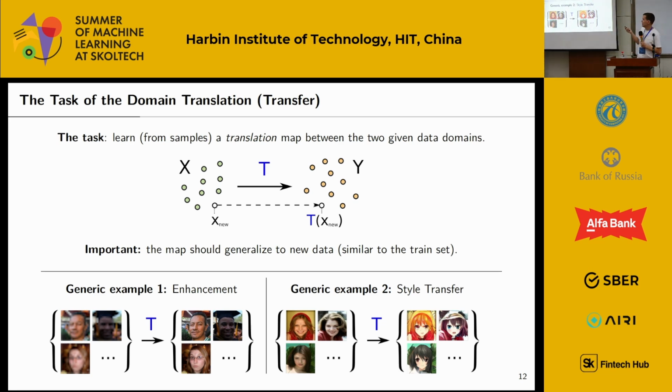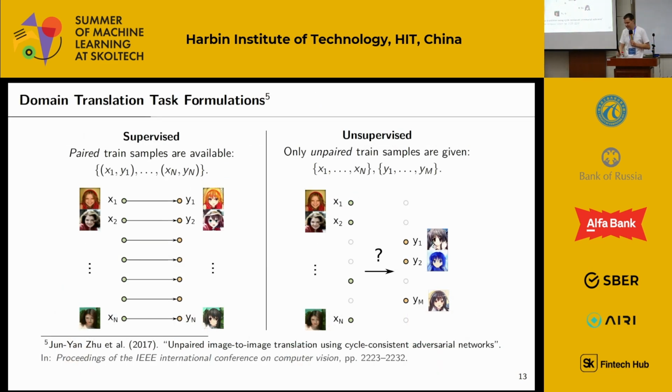The question is, well, how to apply generative models to solve such problems? Can it be done? Well, a short answer is yes, but there are some nuances which have to be considered. First of all, these domain translation problems usually have two formulations which are drastically different. So the first formulation is the so-called paired domain translation.